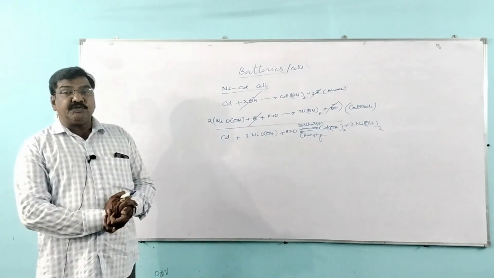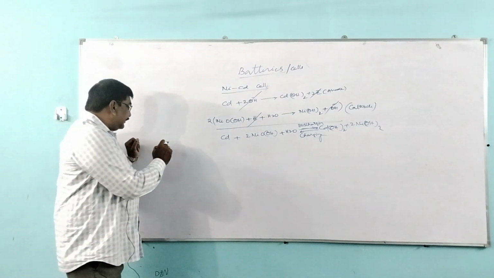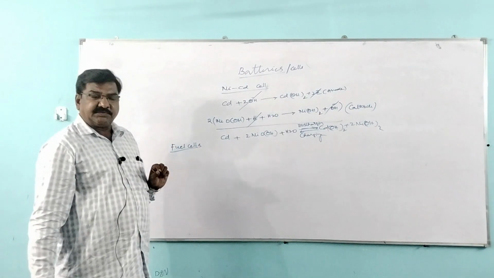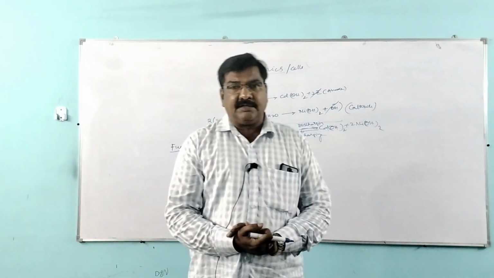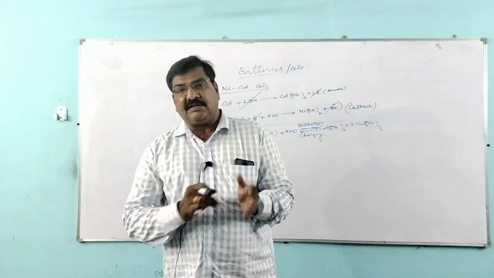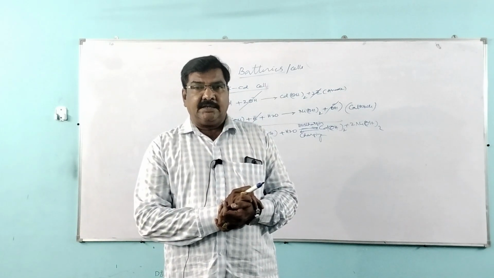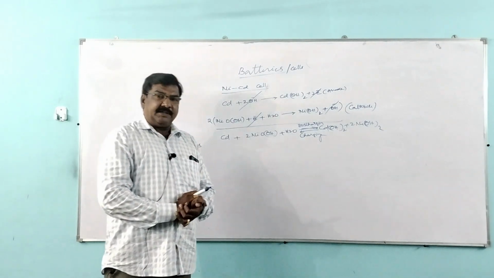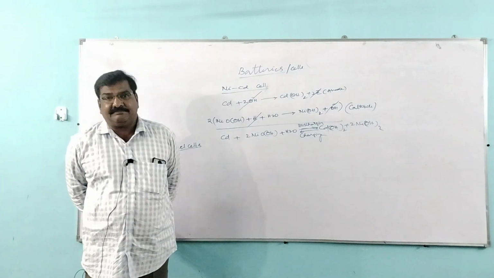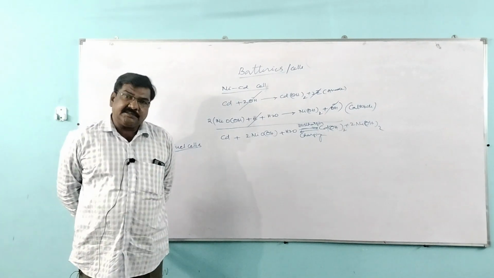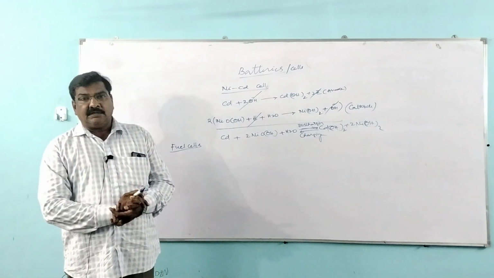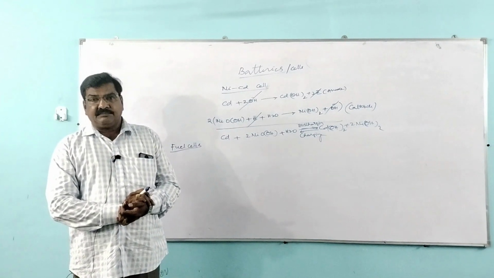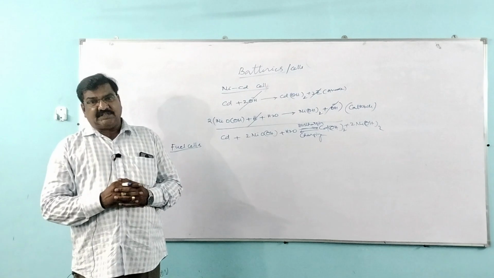Another important type of cell is the fuel cell. Fuels are chemical substances which burn in air or oxygen and produce a large amount of heat. The heat energy is converted into electrical energy. The best example is the hydrogen-oxygen fuel cell. This hydrogen-oxygen fuel cell consists of 2 porous graphite rods, which act as electrodes, placed in an alkali solution.